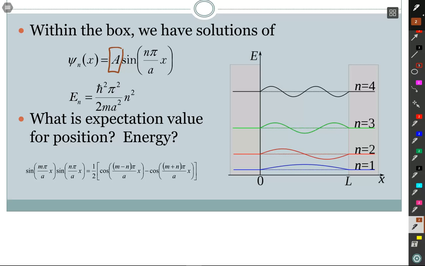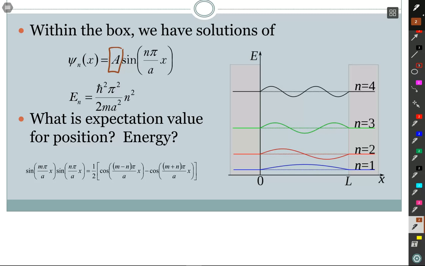Normalization is if I sum the probability to find the particle at every location, I should get 1 if I have one particle. I can't have a single particle and it has a 70% chance of being here and a 70% chance of being here. That just doesn't work out. It has to be 50-50, 30-70 if it's only two positions possible.